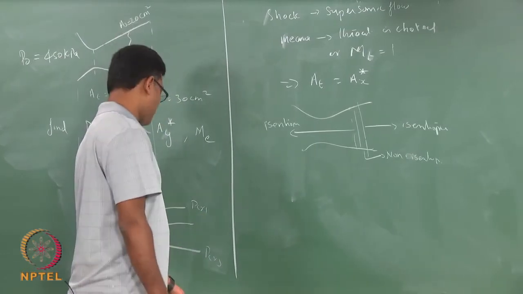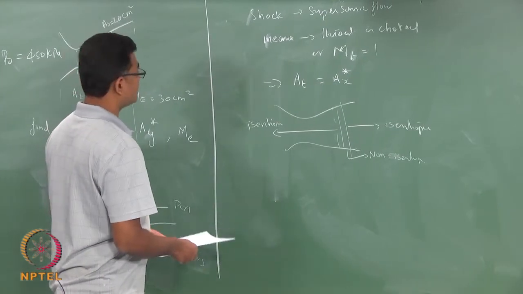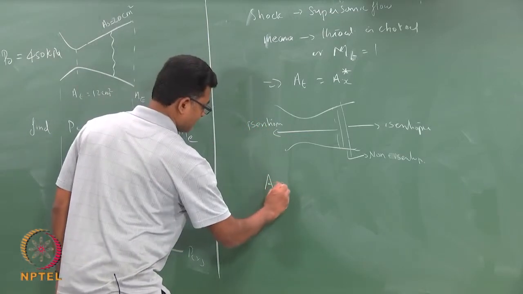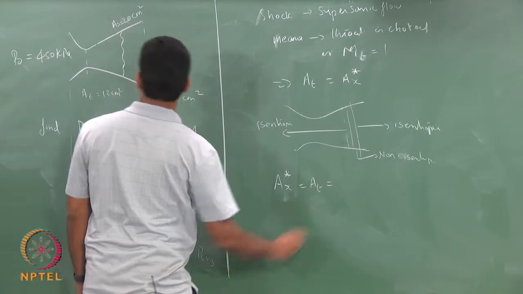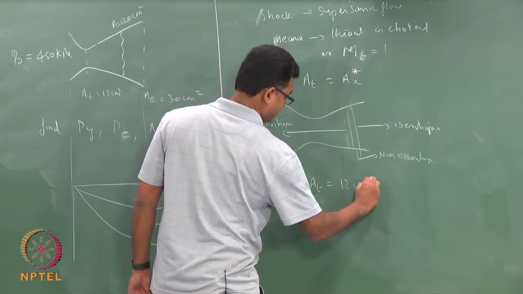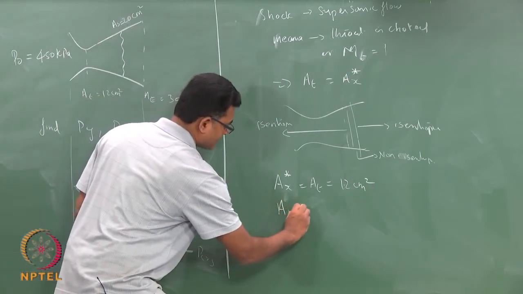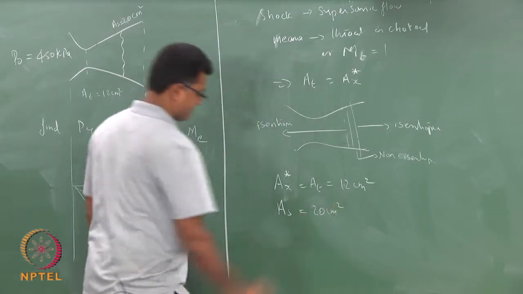So, I have the throat, Ax star equals At equals 12 centimeter square. Shock happens at a location 20 centimeter square.